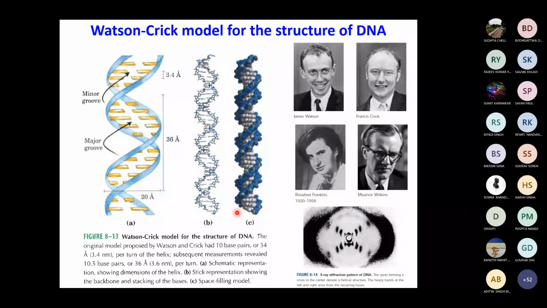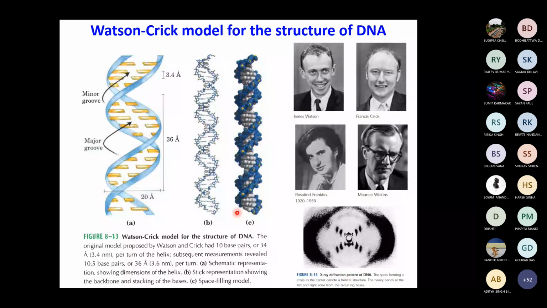Now this is something I don't know whether you have learned or not. I guess those who have biology must have learned it, but I don't know whether non-biology students have heard about it. The structure of DNA was given by the famous scientists James Watson and Francis Crick, for which they got the Nobel Prize. This was possible due to X-ray crystallography.